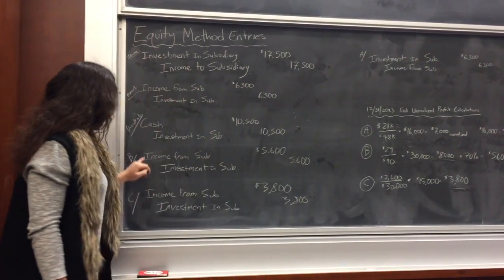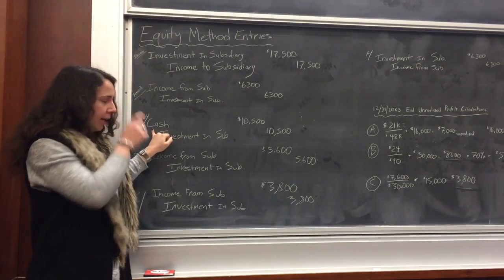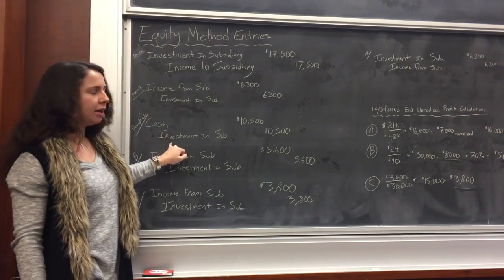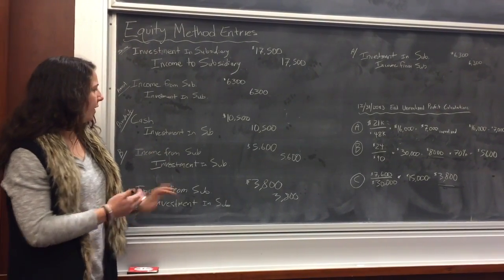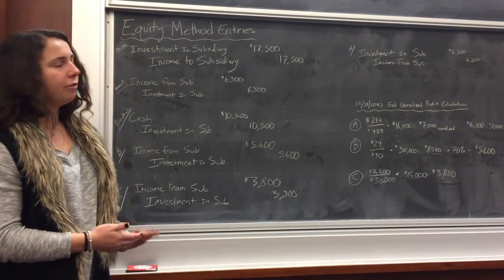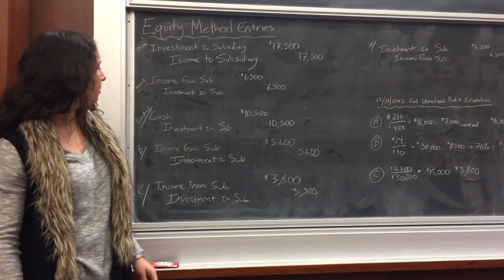And then we accounted for the dividends, for which we debited cash for $10,500 and credited investment in subsidiary for $10,500, and that number is 70% of the total $15,000 of dividends declared by Bob.